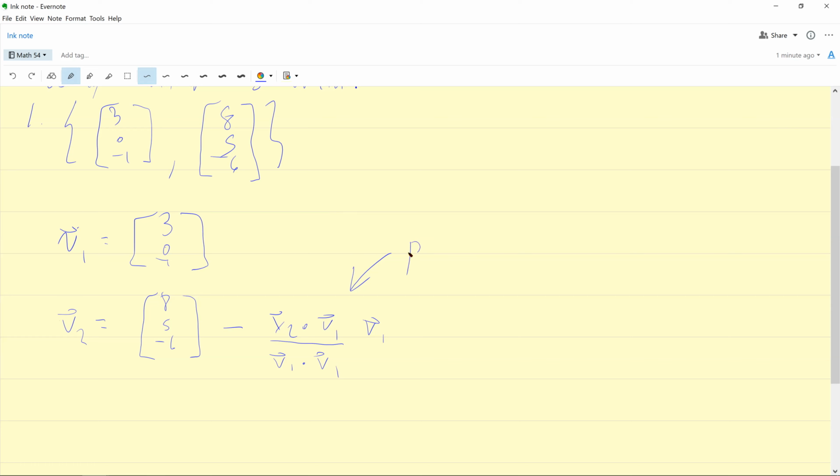Yeah, and that's exactly the projection of x2 onto the span of v1.